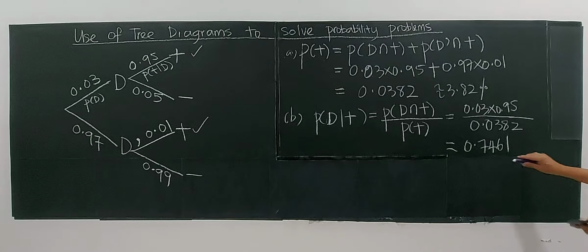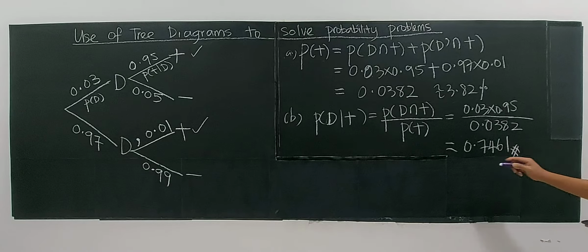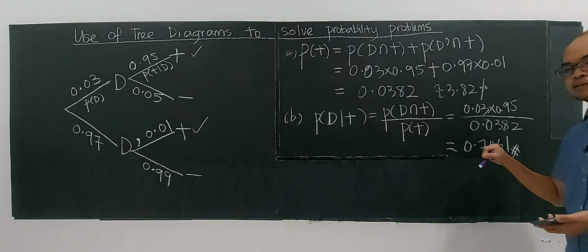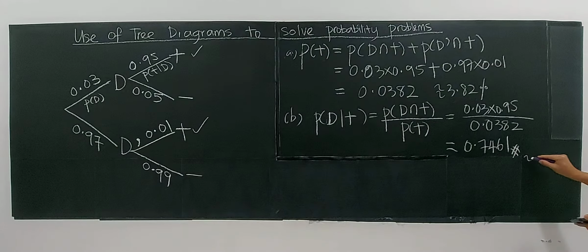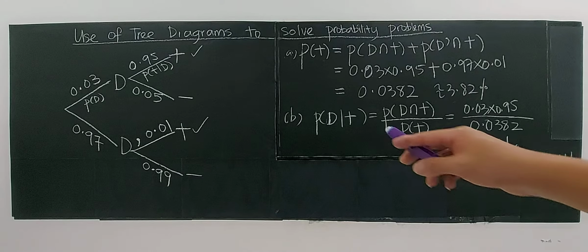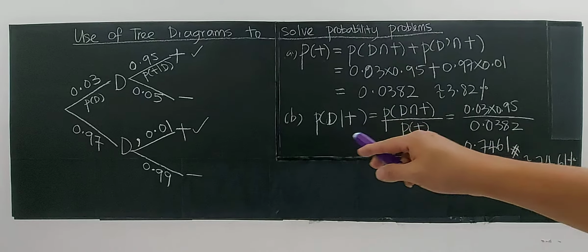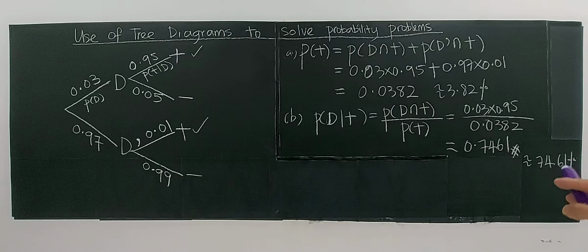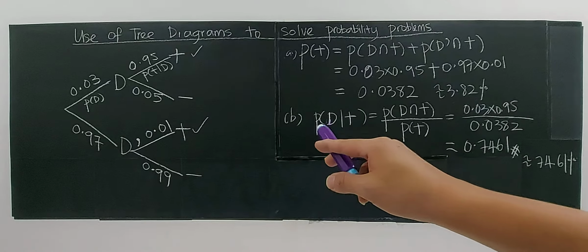For your knowledge, this will be your answer because they asked to find the probability. If they ask for the percentage, it is around 74.61%. That means out of all the positive tests, 74.61% of them have the disease.